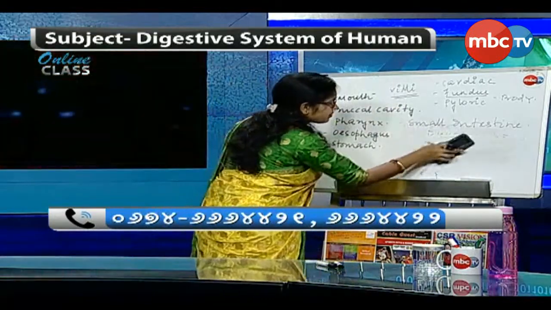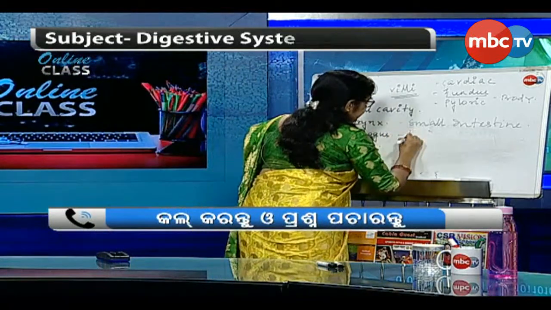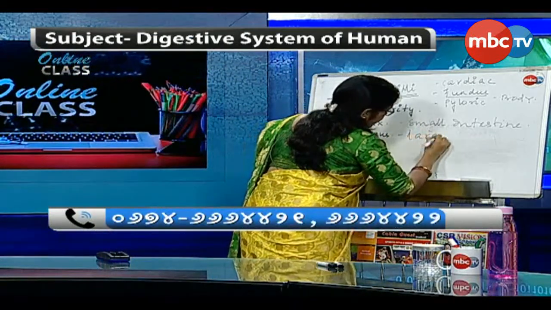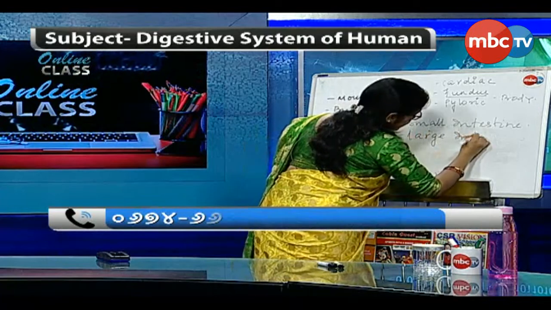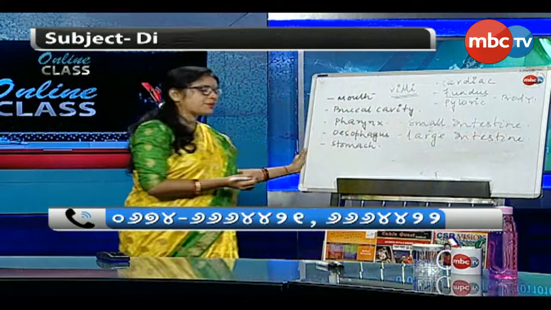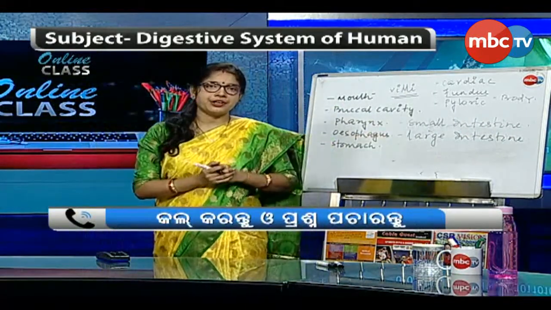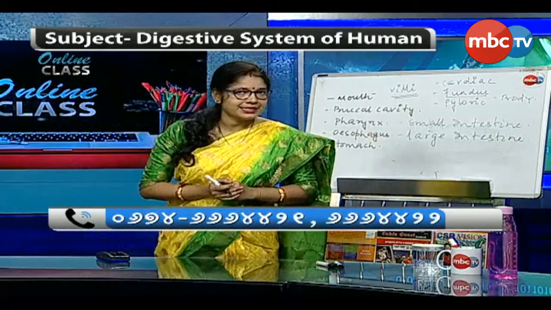Then the next part of the alimentary canal is the large intestine. Because of its wider diameter, it is known as large intestine.